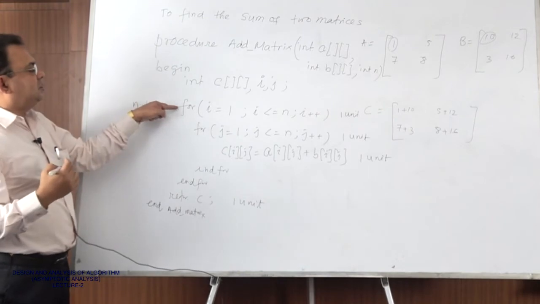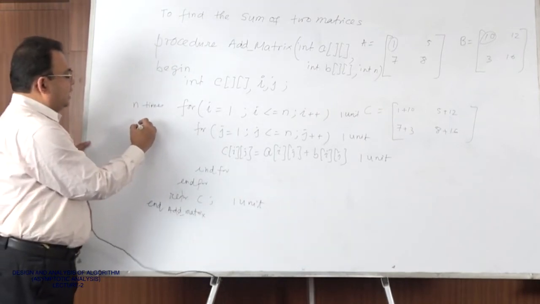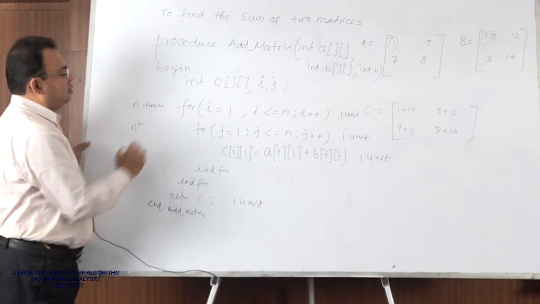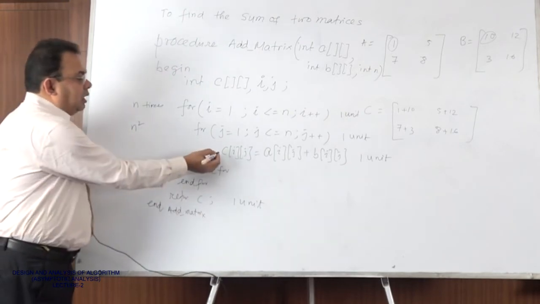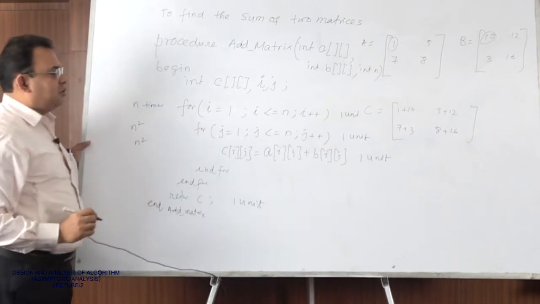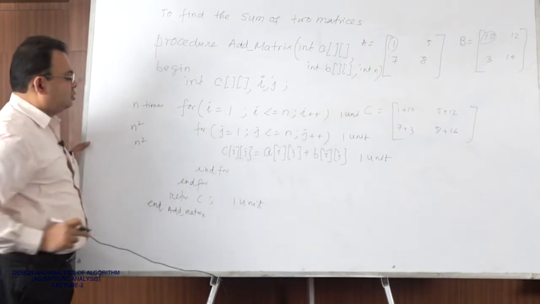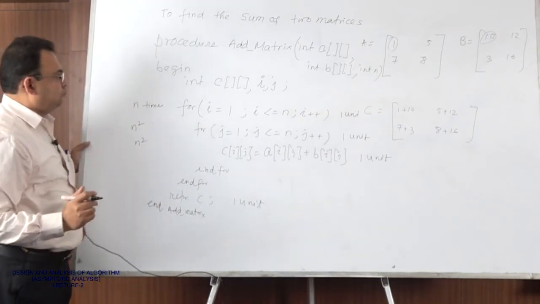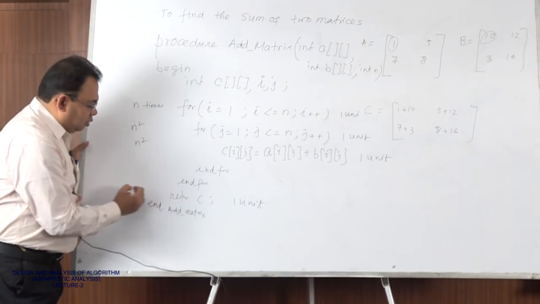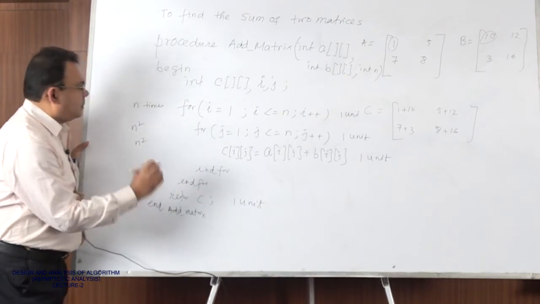For every iteration of the outer loop it will execute, so in total this will iterate n square times, consuming n square units of time. And how many times will the addition be executed? Again n square units of time, because it is executed for every iteration of the inner loop. And the return will be executed only once, so it will consume 1 unit of time.